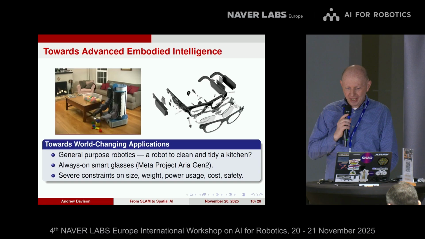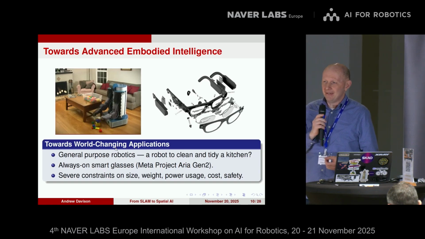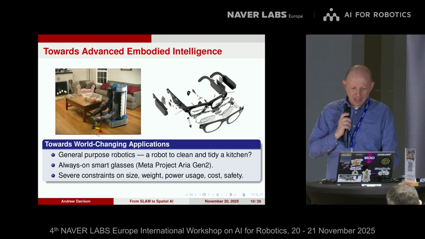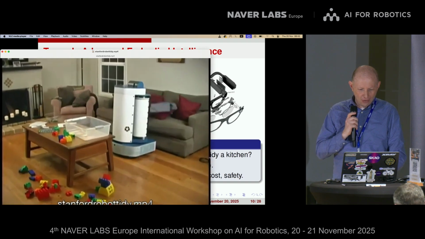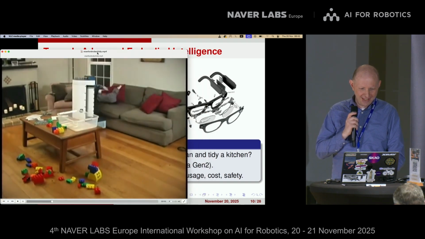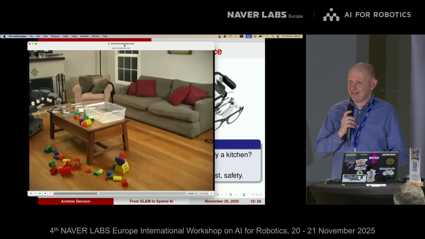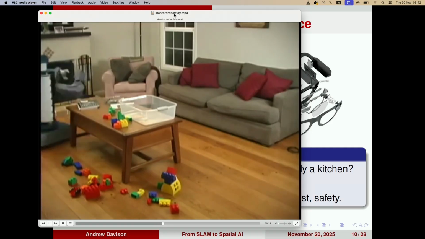I think we'll hear a lot of talk in this workshop about general robotics. So let's imagine this robot that could really come in and tidy up your room, clean your kitchen. This is a really famous old video from about 15 years ago of a robot apparently doing really general things in the home. This is, of course, a fake video in the sense that it's teleoperated by a human.